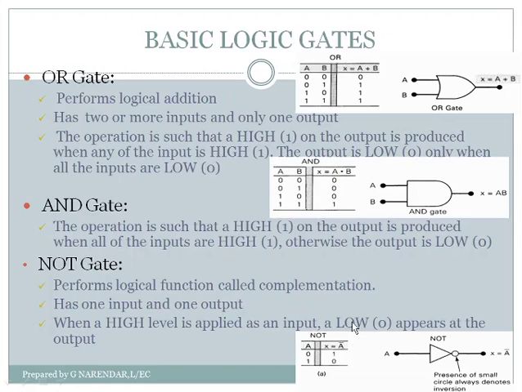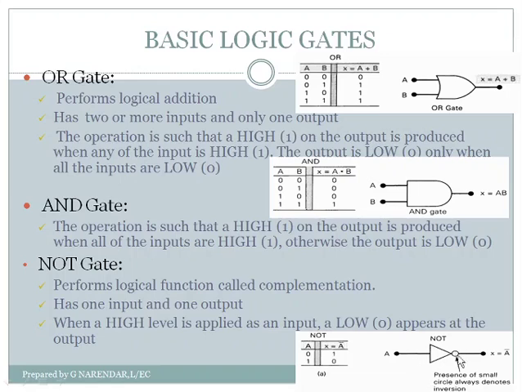Here we have shown the logic symbol for the NOT gate, and the presence of this bubble, a small circle, always denotes inversion or complement operation.